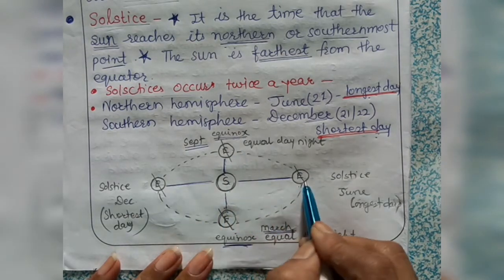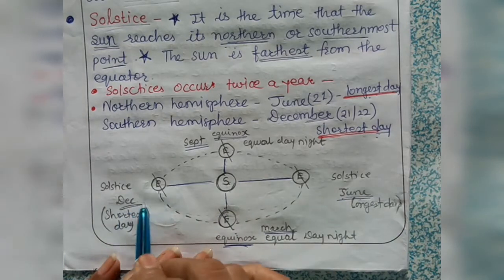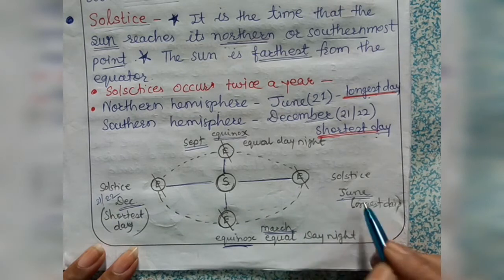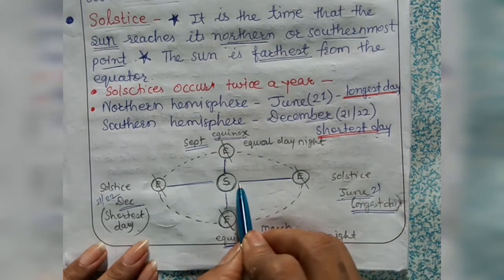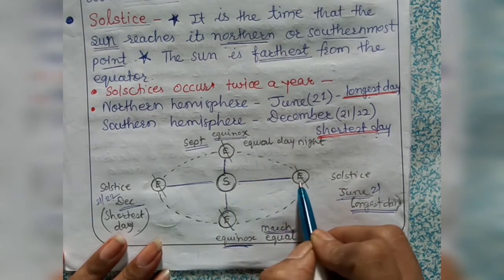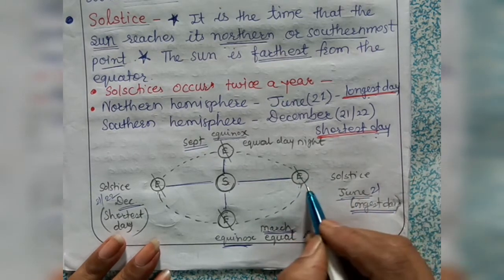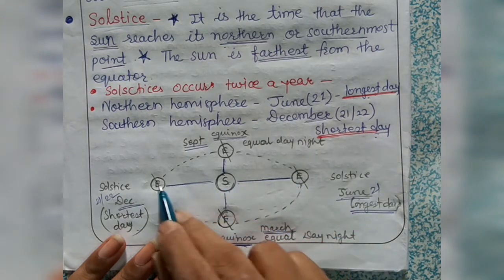In the same way, solstice, that is June and here December. 21 or 22nd December is the shortest day and June 21st is the longest day. So here you can say that the distance between the sun and the earth is the largest, the longest distance between the sun and the earth, on these two positions.